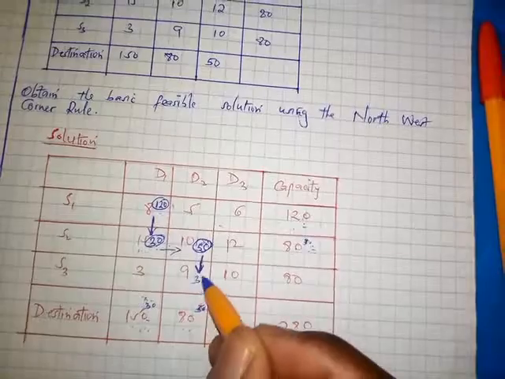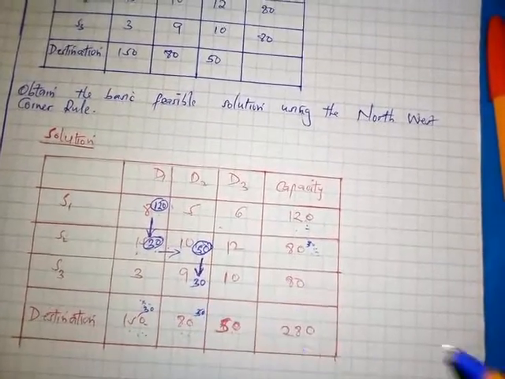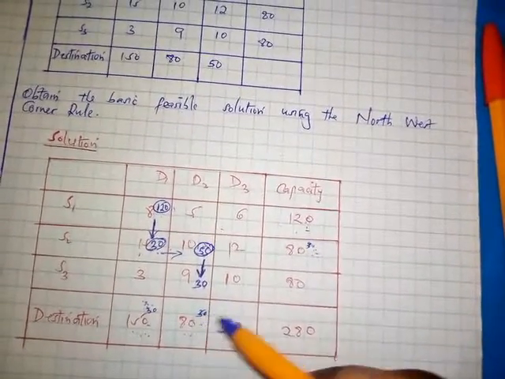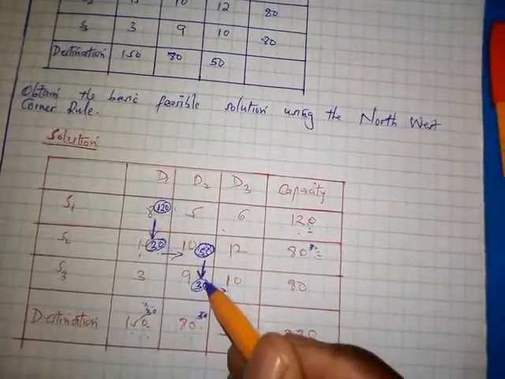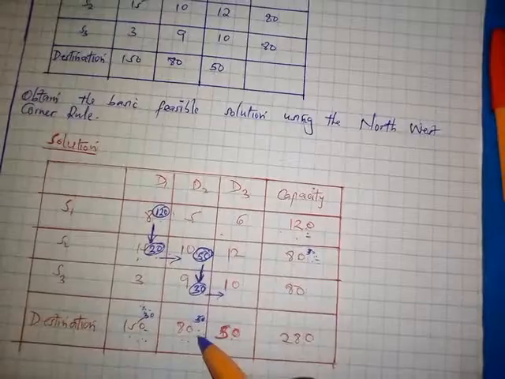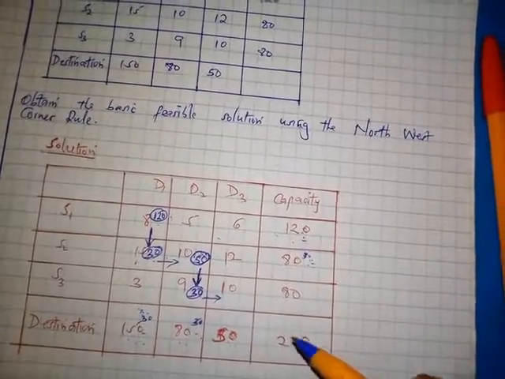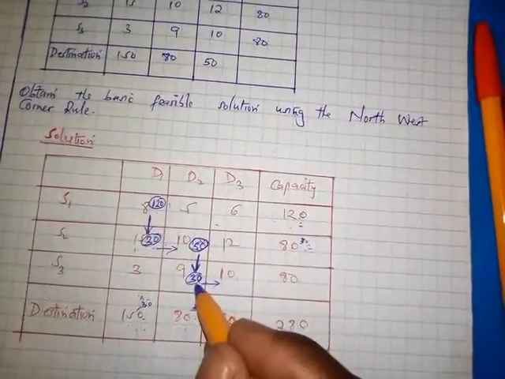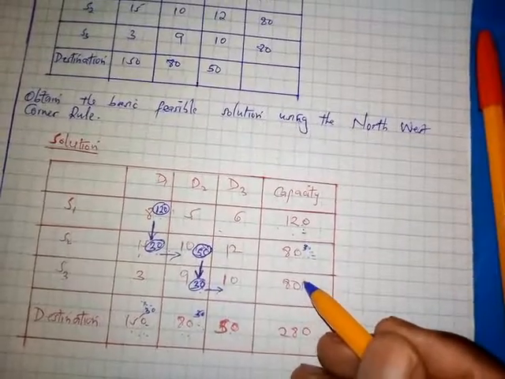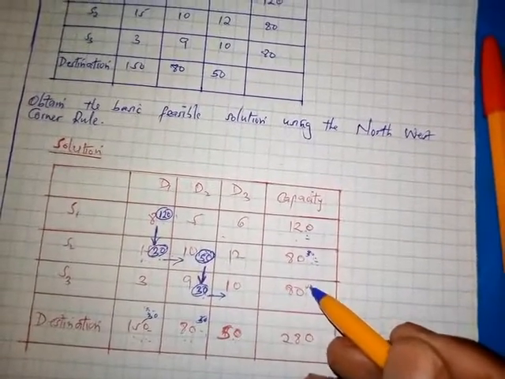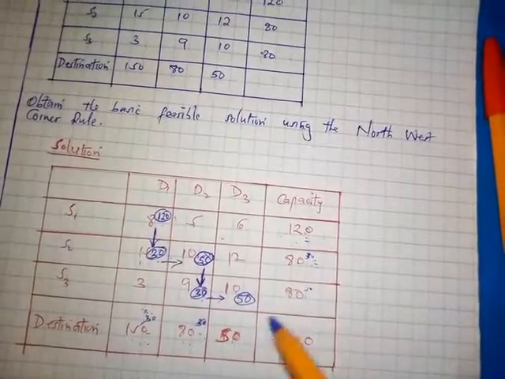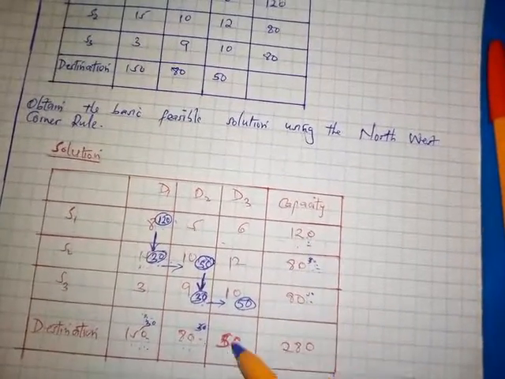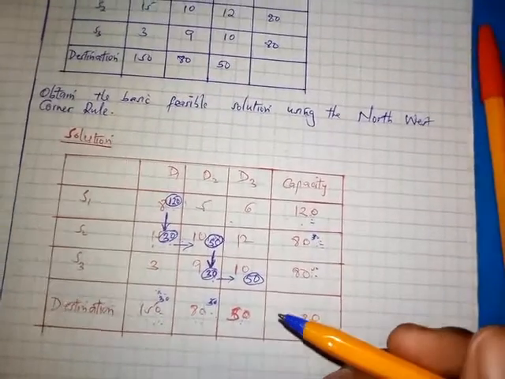Here 30 is exhausted, so we move to the next column. After allocating 30, here it was 80, now it is 50. So here we give 50. Now everything is exhausted, and we are done.